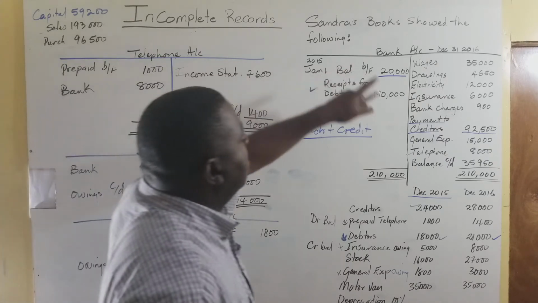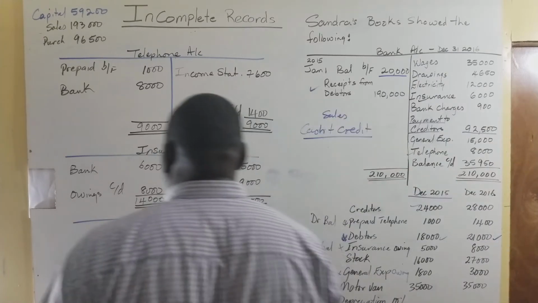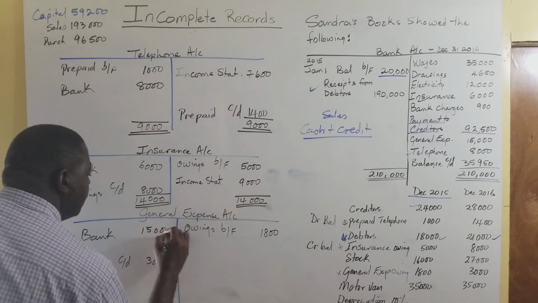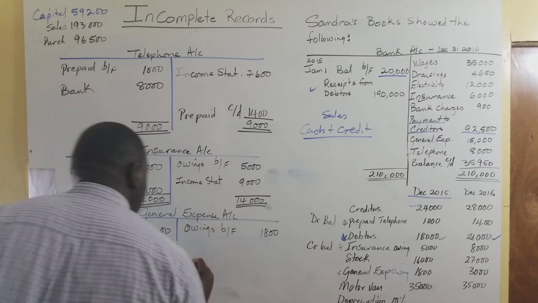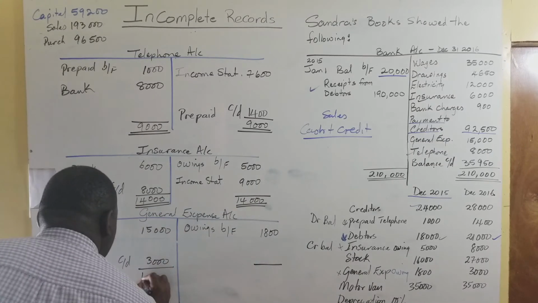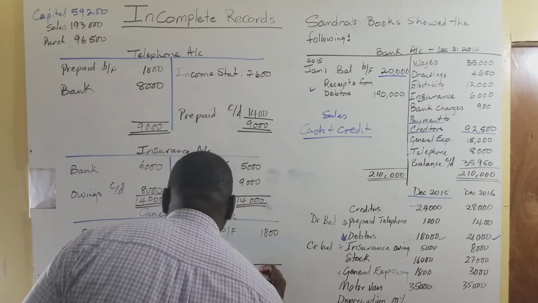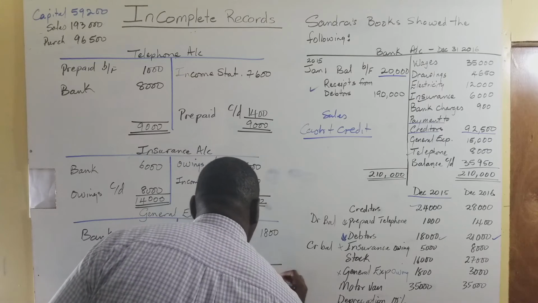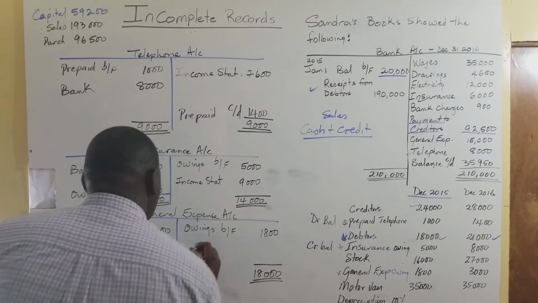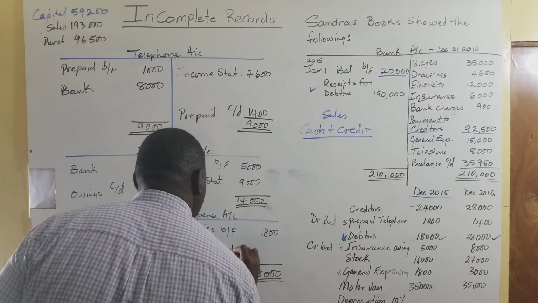And what do we do next? We go to the bank account to see if we had paid anything on general expense. And yes, it is 15,000. So we write bank 15,000. All right. The total is going to be 18,000, and the difference is going to go to the income statement.